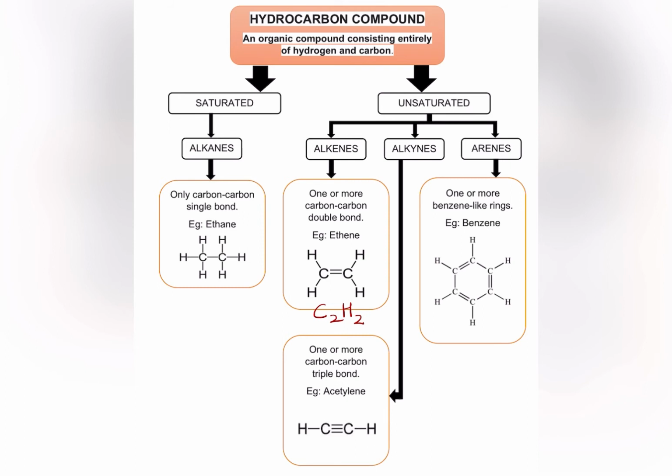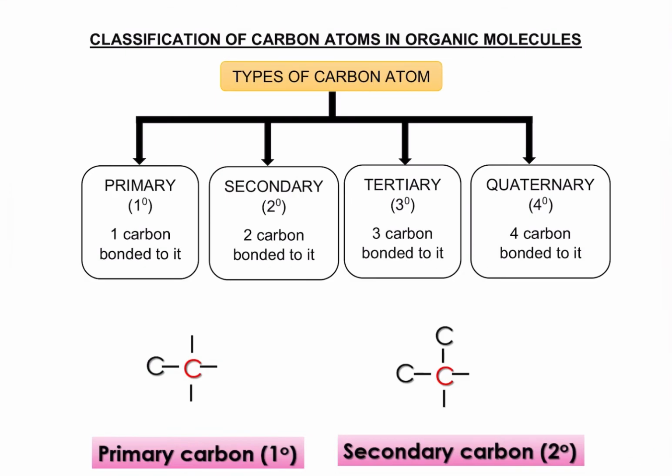Once you've known about hydrocarbon compounds, now you can classify the carbon atoms in hydrocarbon compounds. To classify carbon atoms in organic molecules, you need to know that there are 4 types of carbon atom. The first one is primary, and it means that 1 carbon atom is bonded to 1 carbon.